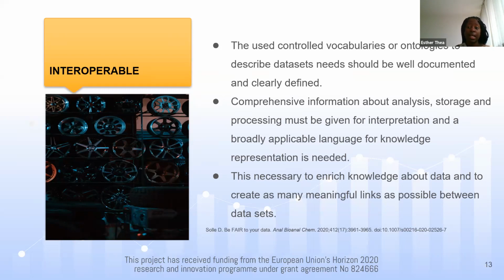Comprehensive information about analysis, storage, and processing is important for interpretation and knowledge representation. This is extremely important because we need to enrich the knowledge about the data and to create as many meaningful links as possible between data sets and machines.